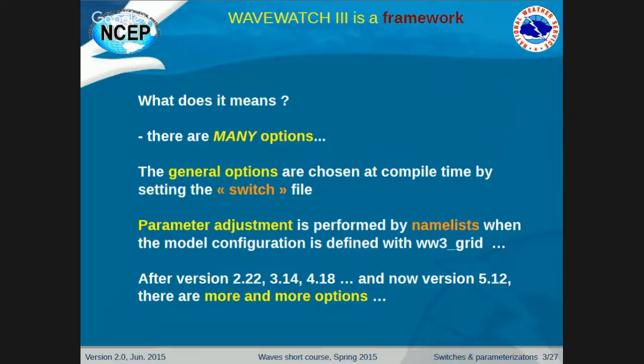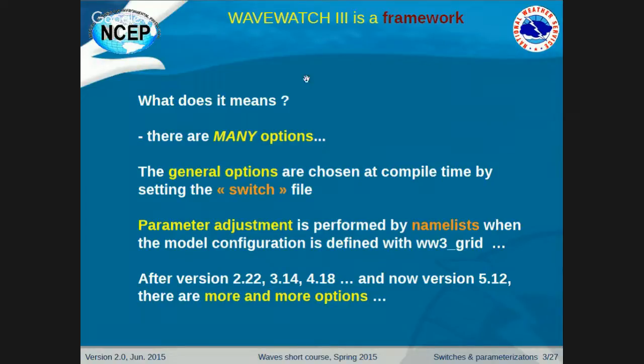And these choices are defined by a small text file, which is called switch. And as you will see, it's part of the bin directory. And that defines the main settings of the model. But then there is a second level of model adjustment, which is essentially to modify some parameters.